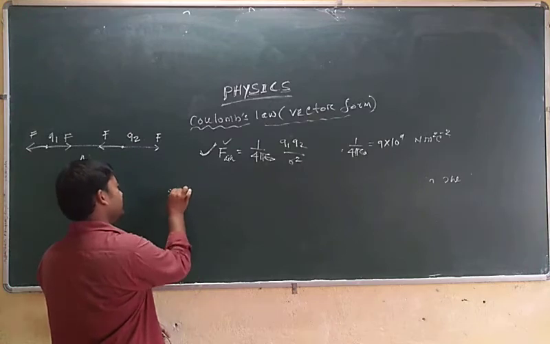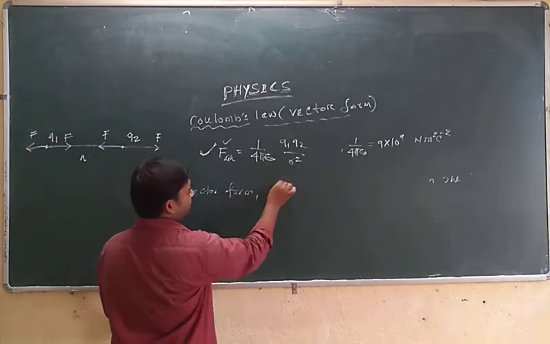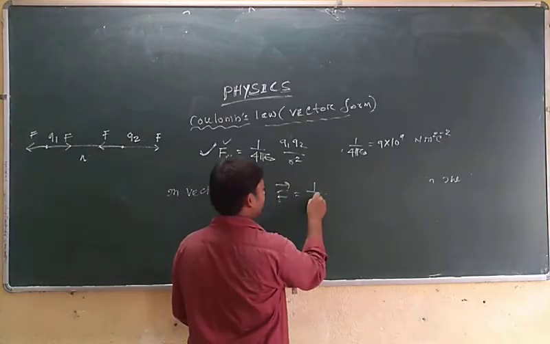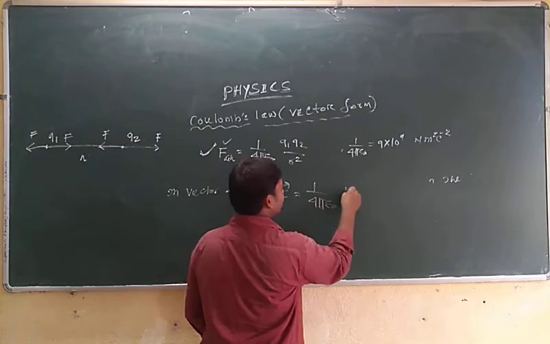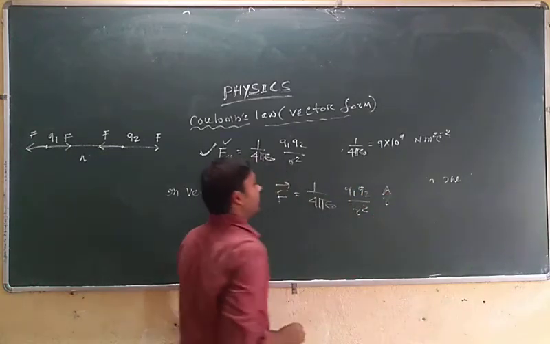In vector form, the force between the two charges is 1 by 4 pi epsilon naught q1 q2 by r square r cap.